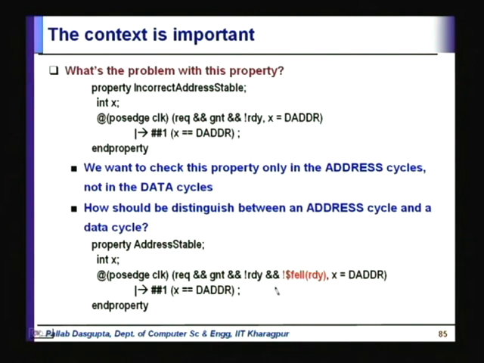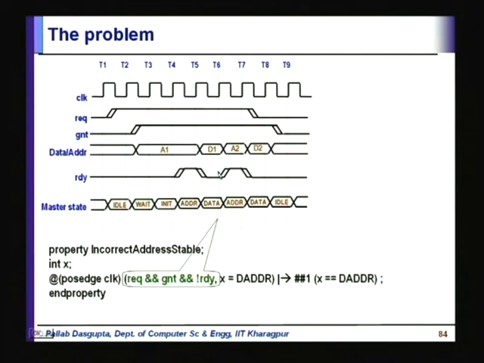So we write it like this, that request and grant and not ready and not $fell ready. Now what is $fell ready? $fell is the opposite of $rose. So now this is being used to distinguish between these two scenarios. So let us see, where did we have $fell ready? So see here in this cycle, at this point we have $fell ready.